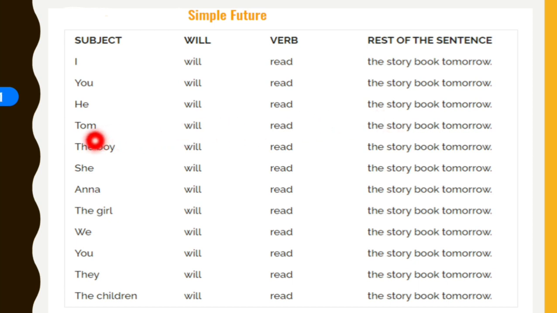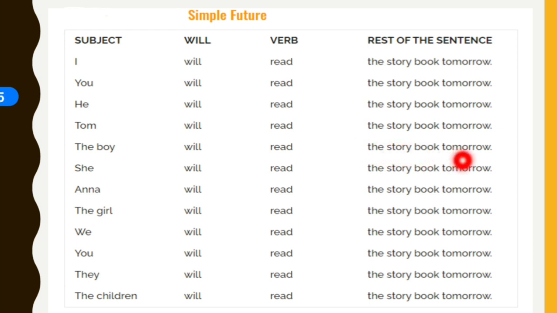Now, when we are referring to a singular noun, we are naming somebody. And whom are we naming over here? Tom. Tom will read the story book tomorrow. Similarly, again a singular noun, the boy. The boy will read the story book tomorrow.